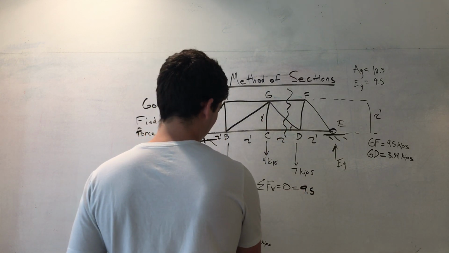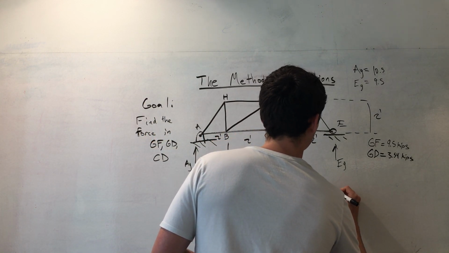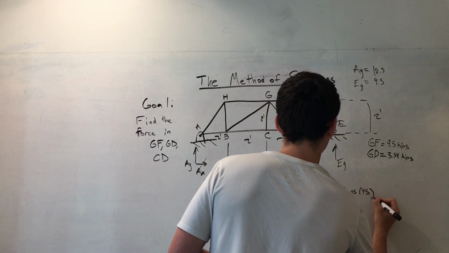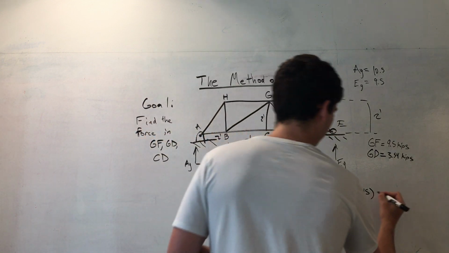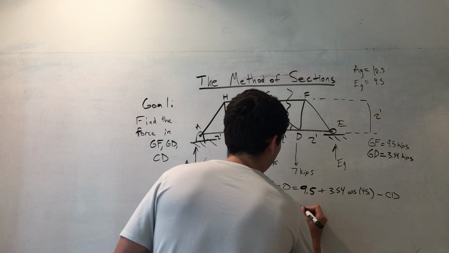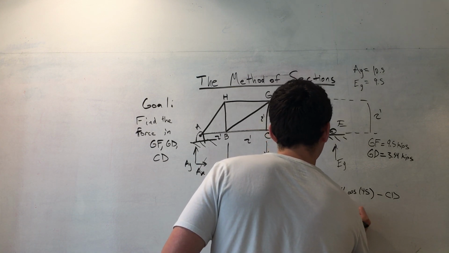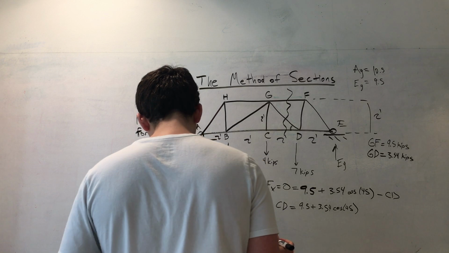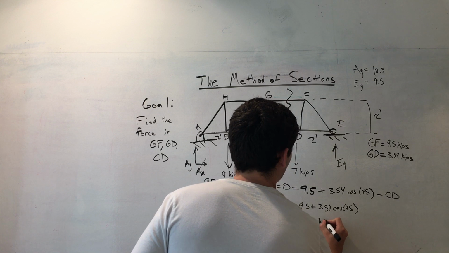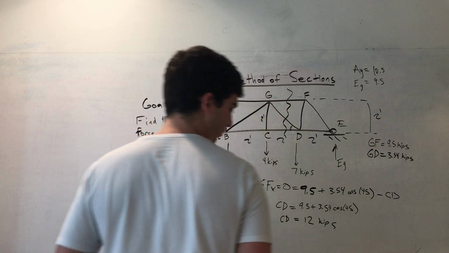Then we have cosine of GD, and then subtracted by CD, which means CD is equal to 9.5 plus 3.54 cosine of 45. And this comes out to CD equaling 12 kips. So CD is positive, so we got that right, and CD is in tension.